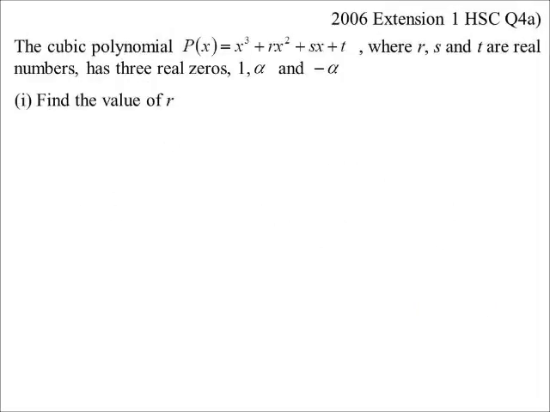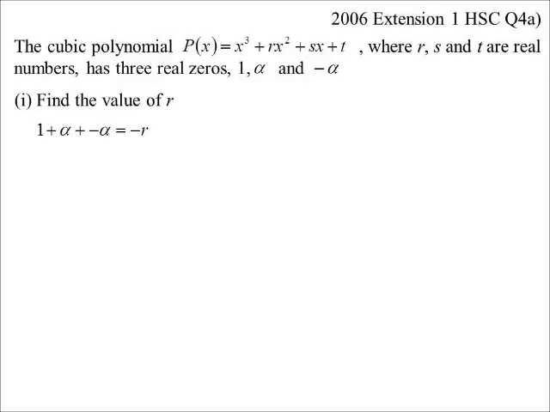2006, we're getting closer. A cubic, r x squared plus s x plus t, where r, s, and t are real numbers. We have zeros that are 1, alpha, and minus alpha. Find the value of r, the pirate letter, r. Well, the nice thing here is r is involved in the sum of the roots one at a time.